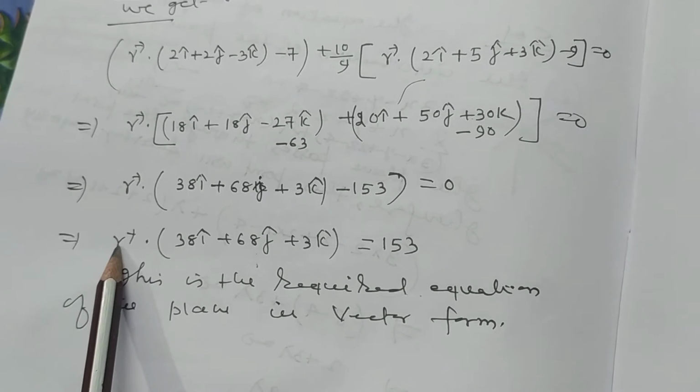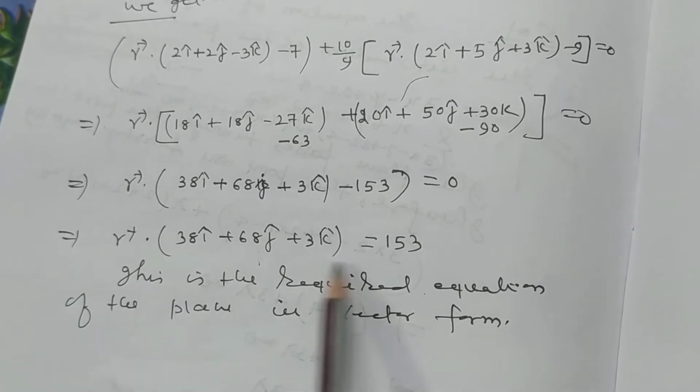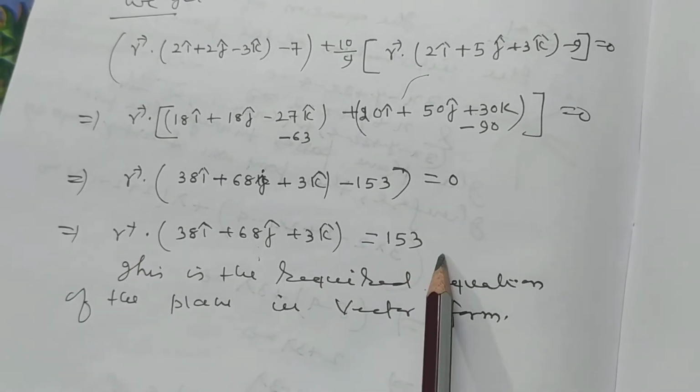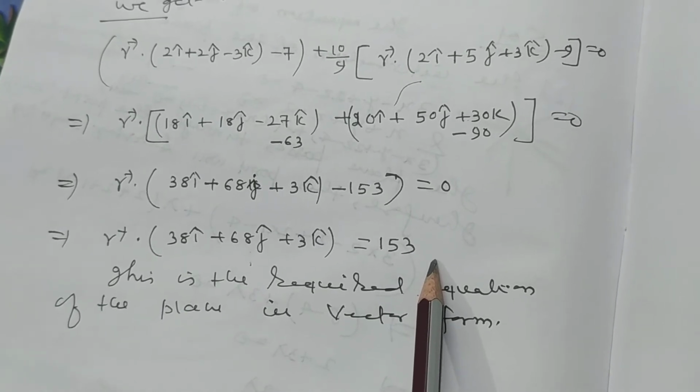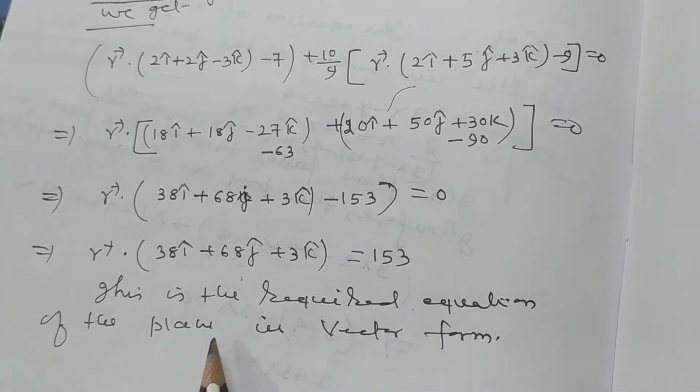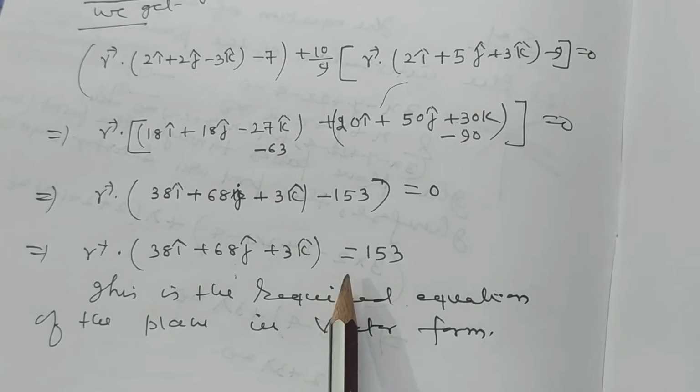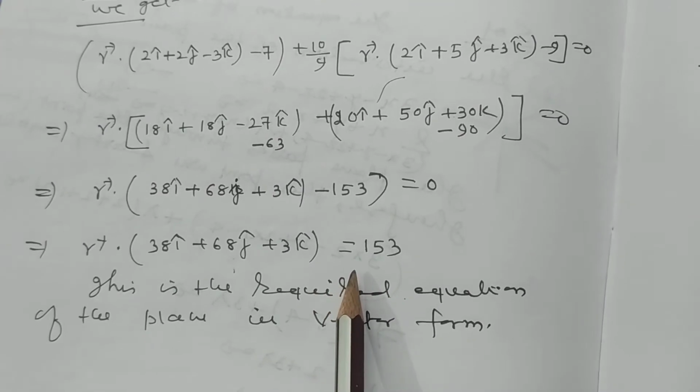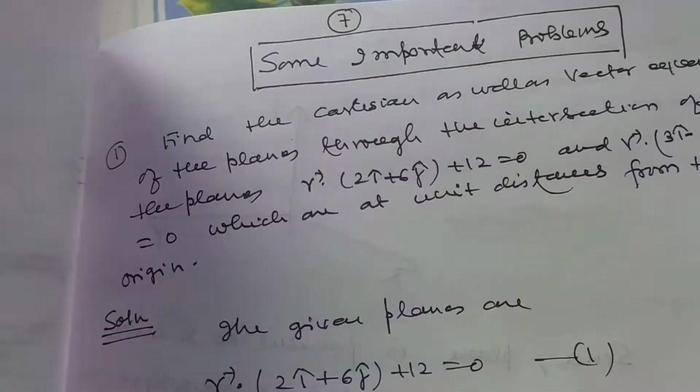By putting r = xi + yj + zk, we can get the equation in Cartesian form. So, my dear students, you can find the vector and Cartesian equation of a plane simultaneously. I hope you have followed me, you have understood me.